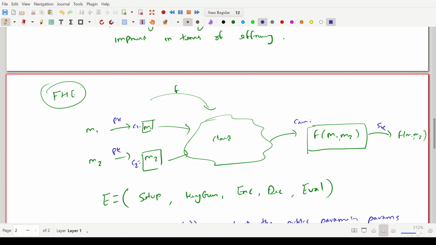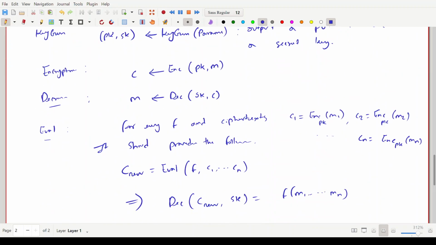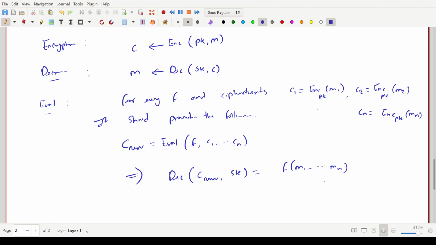And why is it called FHE? Because I am able to do any computation, any type of function, correct? But for many applications it is not necessary to compute an arbitrary number of operations. We just have to do a little bit of addition or multiplication, correct? In that case, somewhat homomorphic encryption allows computation of limited complexity to be performed, which I had already discussed.